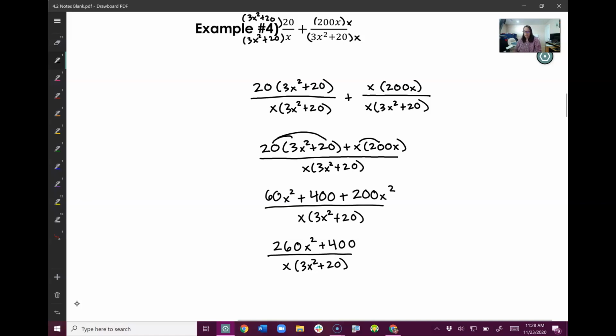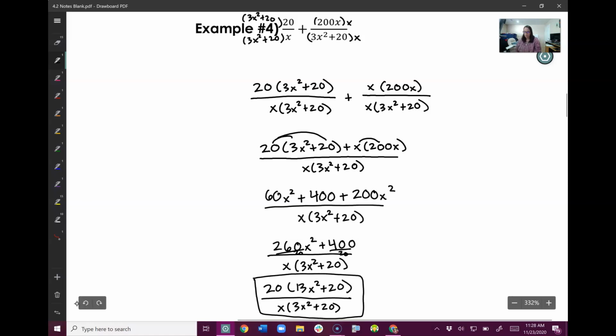So I'm going to check for a GCF on the top, which is going to be 20. So divide both of these by 20, and I'm left with 13x squared plus 20 all over my denominator. So now I check, can anything on top and bottom cancel? Doesn't look like it this time. So there we go. That's our answer.